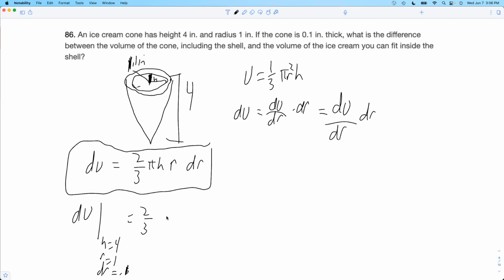So that'd be 2/3 times pi. H was 4, R was 1, and my dr, my change in R, was 0.1.